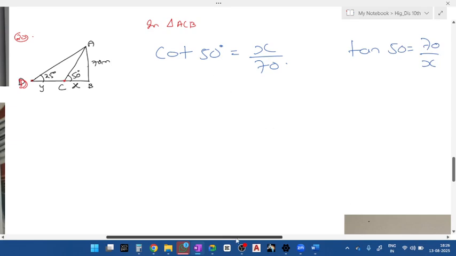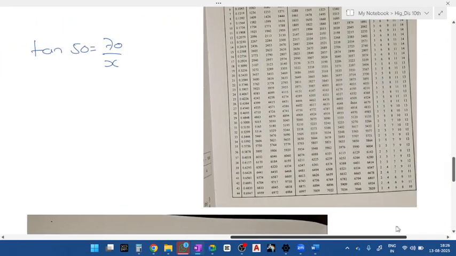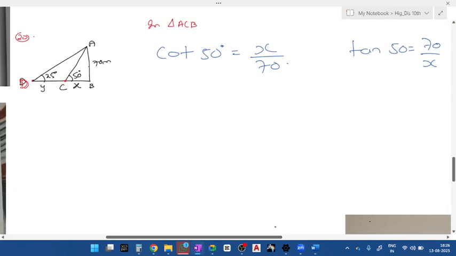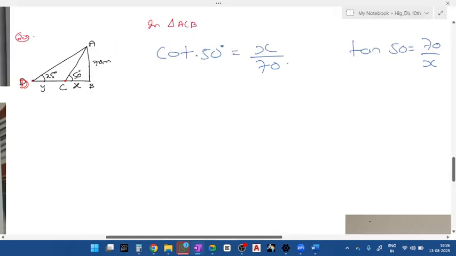Now cot 50 is given. In your table, students, check whether you have cot or only sine, cos, and tan given. Yes, so you won't get the cot value. You'll have only sine, cos, and tan. You have to convert this cot 50. Last year we studied this topic. Anything which is not there in the table, which concept do we use to convert?